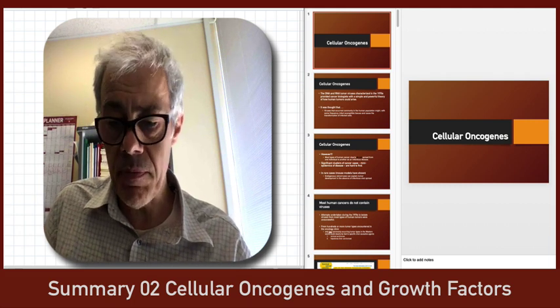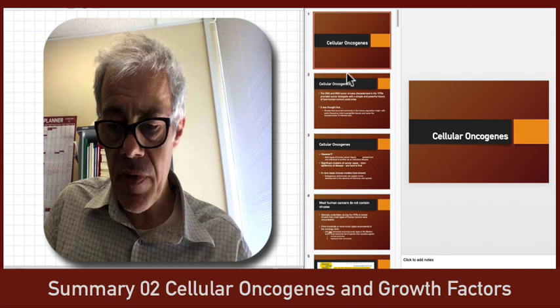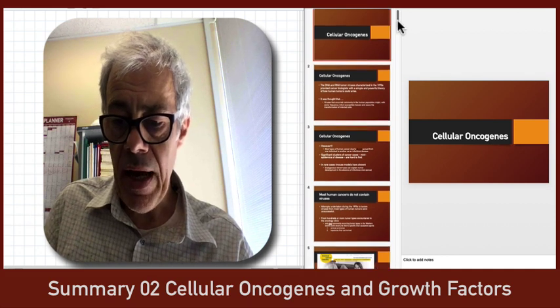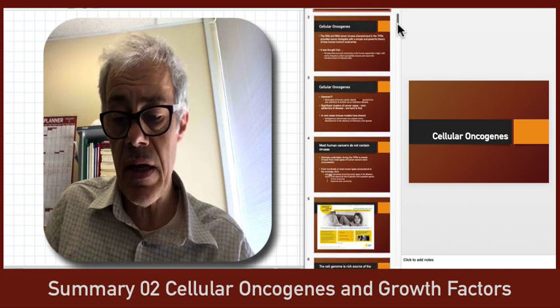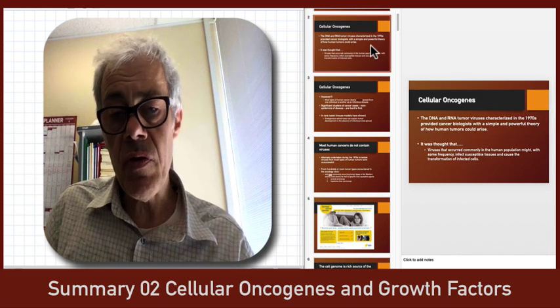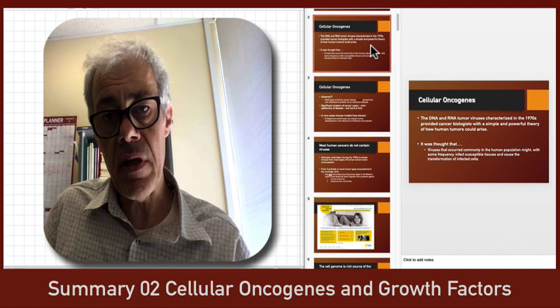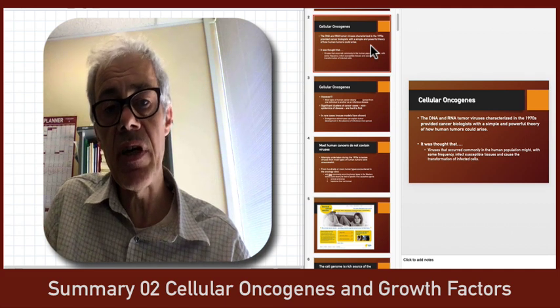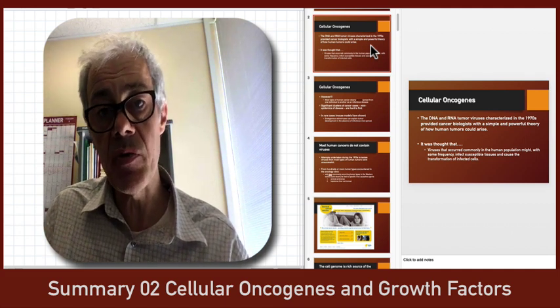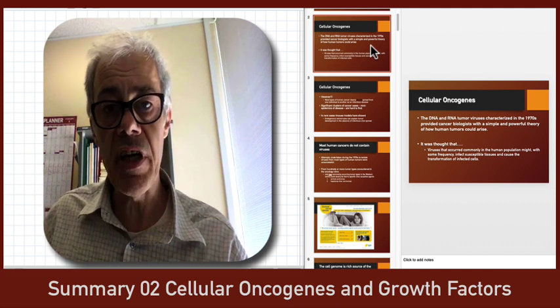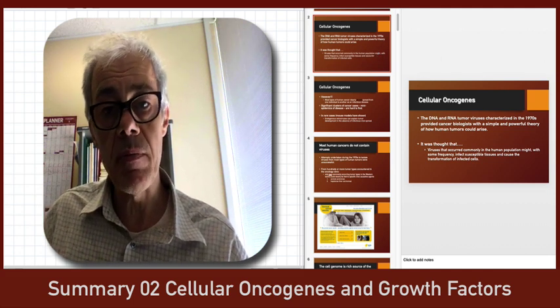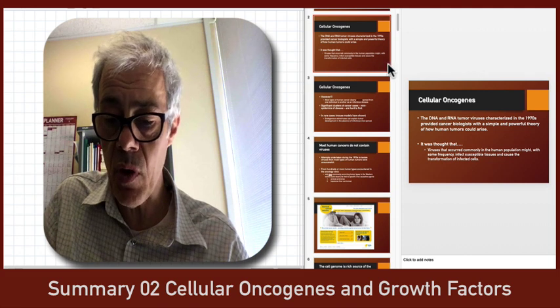When people first started looking at cancers, there was an early theory that it was viruses that were causing cancer, because in the 60s and 70s they were associating viruses with cancers, and looking at the genomes of the viruses and identifying some proteins. These were called oncoproteins.